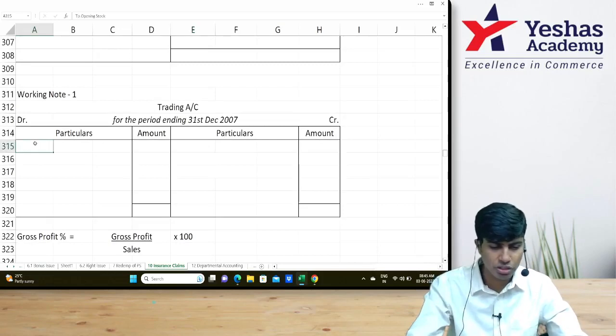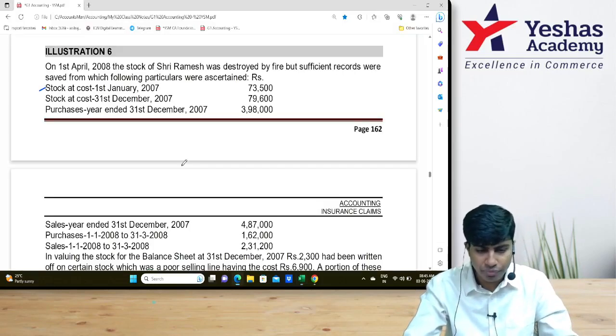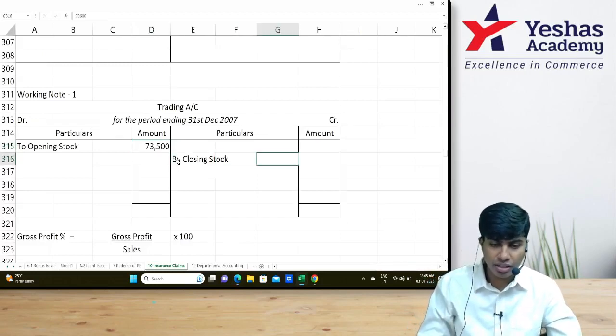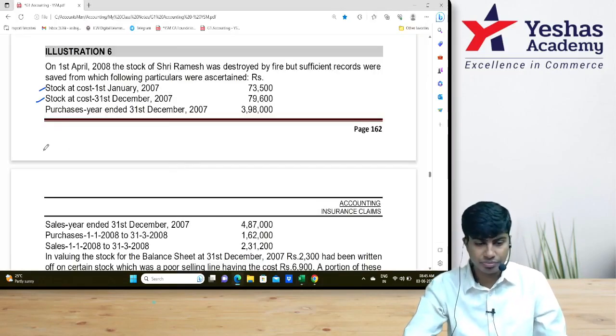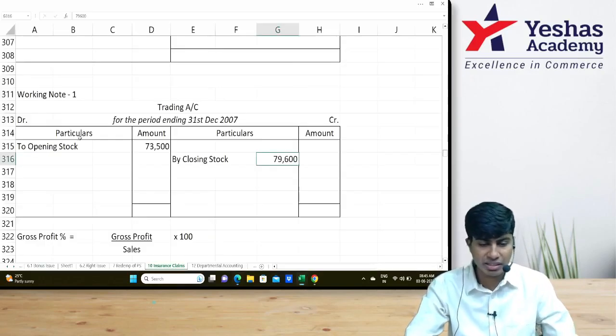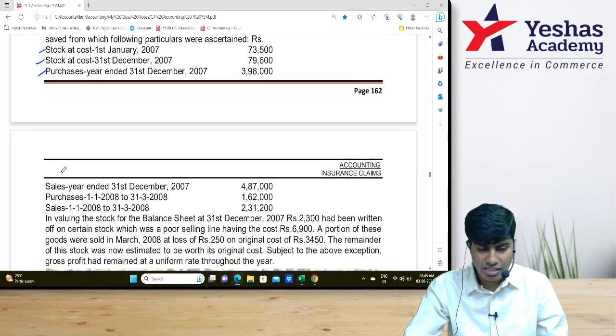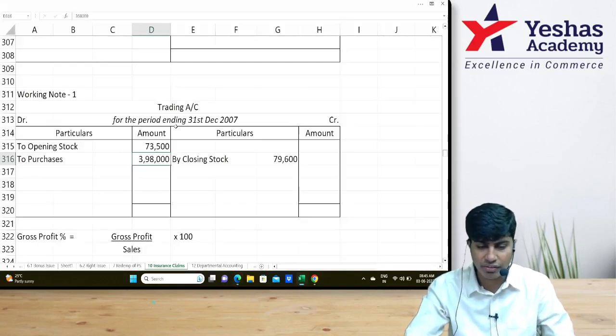In the previous year, opening stock 73,500. Then previous year closing stock 79,600, but this has to be adjusted. Am I right? I'll write in the inner column. Then purchases previous year 3,98,000. Then sales previous year 4,87,000.